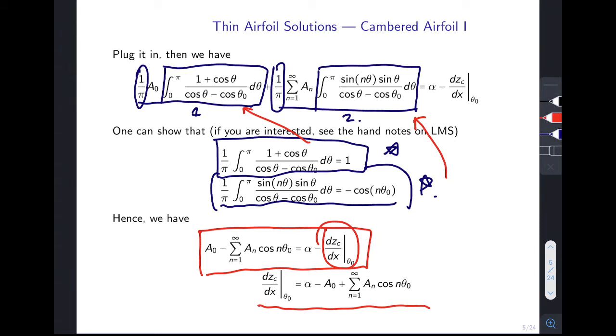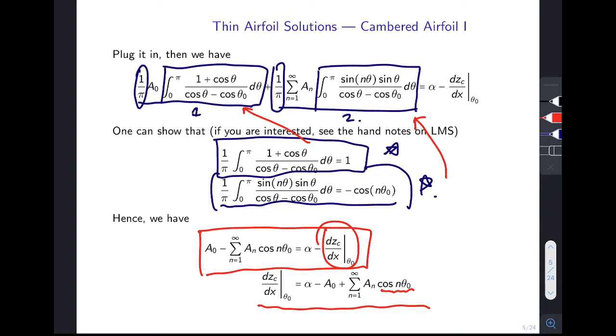On the right-hand side, alpha is fixed, given. A naught is an unknown but fixed number, and a1 to an, up to a infinity, are also unknown numbers, but we have cosine n theta naught.